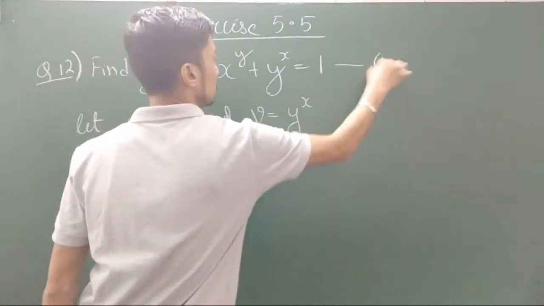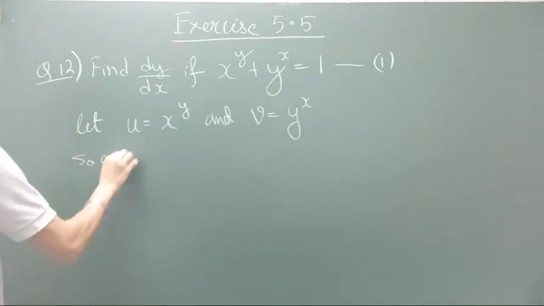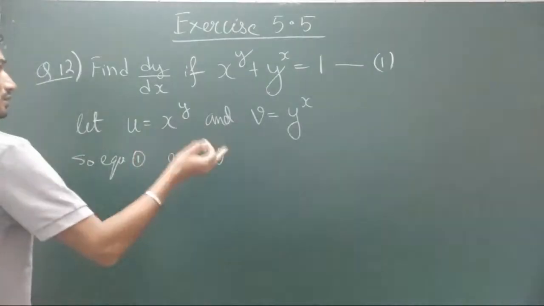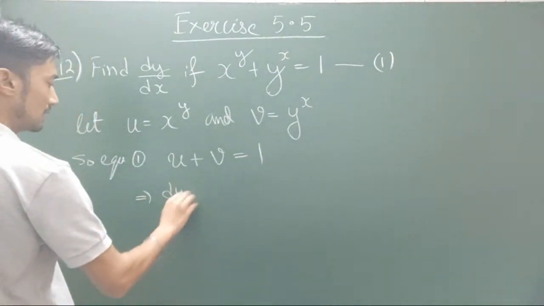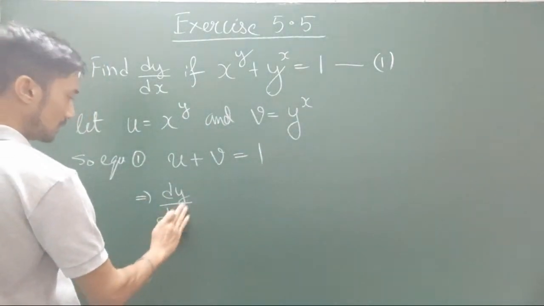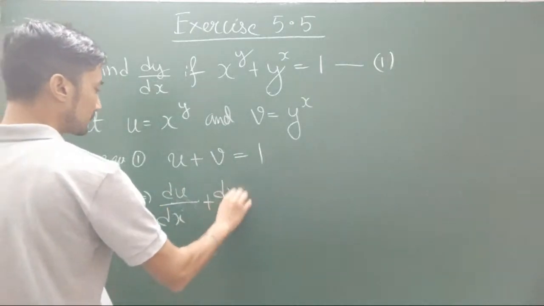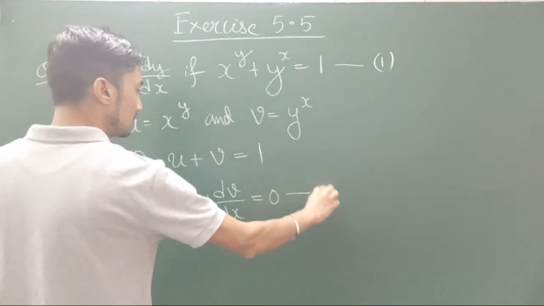Let's mark this as equation 1. Equation 1 becomes u plus v is equal to 1. If we differentiate both sides with respect to x, we will have 0. Let this be equation 2.